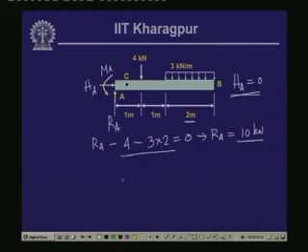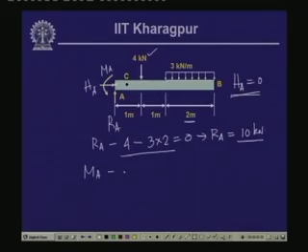Now, if we take the moment of all the forces about this particular point A, we have the support moment M A, which we will have to evaluate, and the 4 kilonewton force. This moment which we have assumed here, anticlockwise, is positive. So, 4 kilonewton contributes as a clockwise moment.